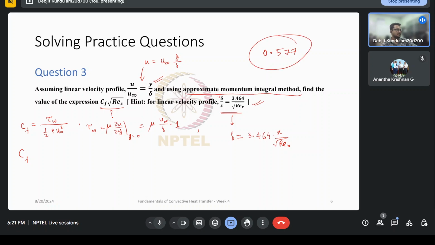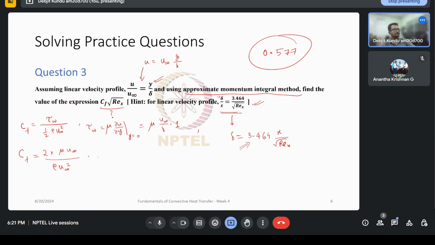All right, so this is delta. Now I'll start putting in the numbers. So I have 2 into tau w, and tau w I can write as mu into u infinity, with 1 over delta outside. I'll keep that for now, and I have rho into u infinity squared. And now I'll replace this delta with this value.